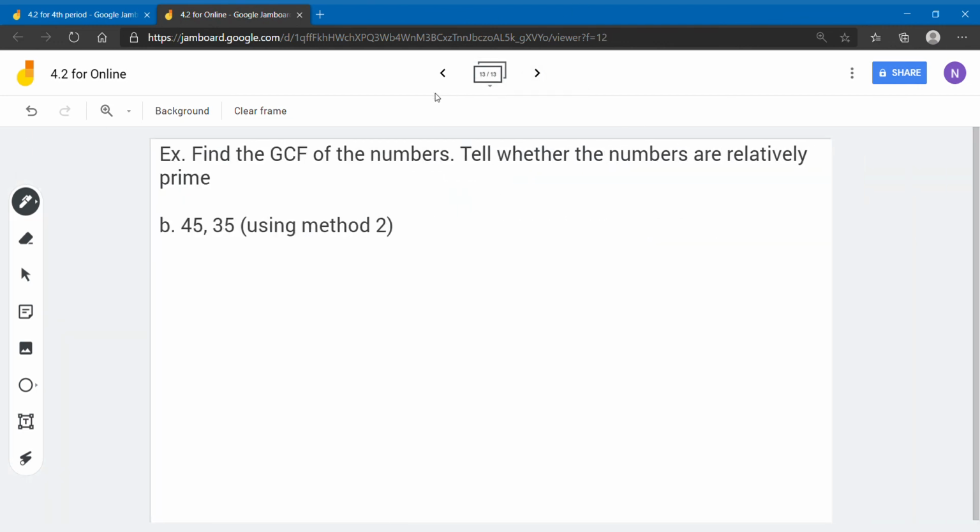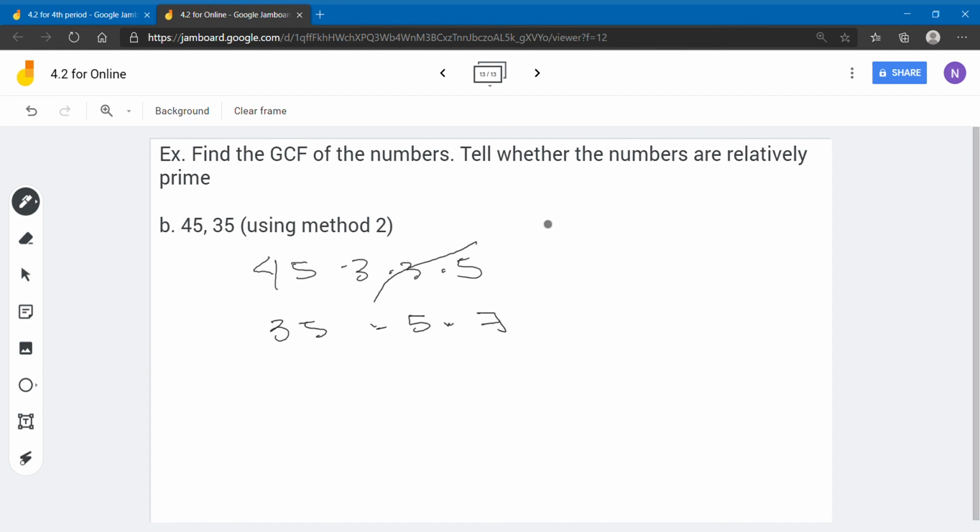And then another example, 45 and 35, but in this case we're going to do method 2, prime factorization, to find the GCF. So 45 is simply 3 times 3 times 5, and 35 is simply 5 times 7.